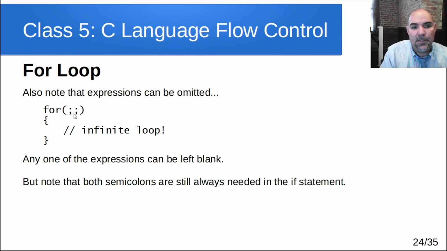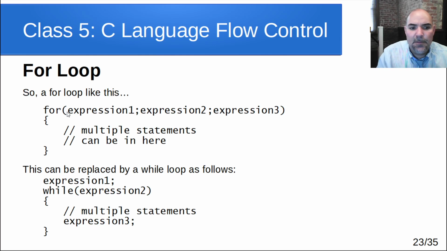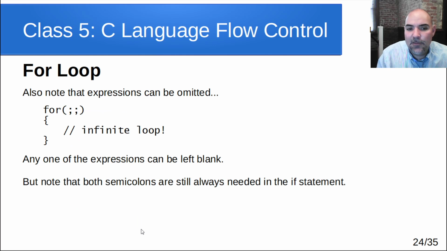It defaults to being true, or running the code. I could leave the first one out, or the middle one, or the last one, or any combination of those. It'll just be like this expression didn't exist, or this is replaced with a 1, so it's always true. That's totally fine, but you need to have the semicolons in there.